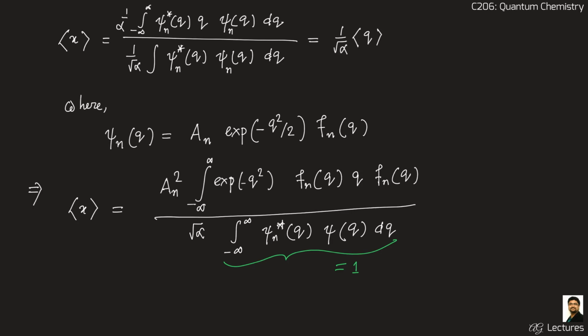The only thing which is not known in this whole expression is this integral. And this is still not complete, I would say. I must use a dq over here, then only it will be complete. Now it's fine.